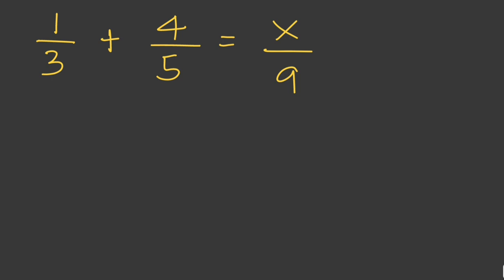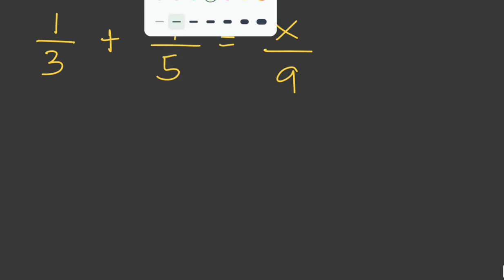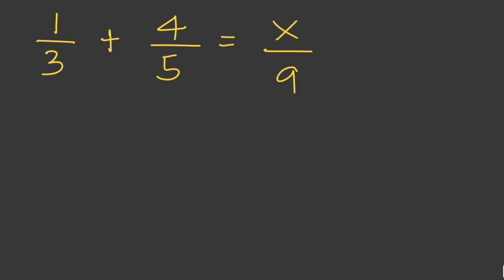Let's say we're given this problem here. 1/3 plus 4/5 equals x over 9, and then we have to solve for the value of x. Take note here that the fractions on the left have different denominators. So we can solve this first by finding the LCD of these two fractions.